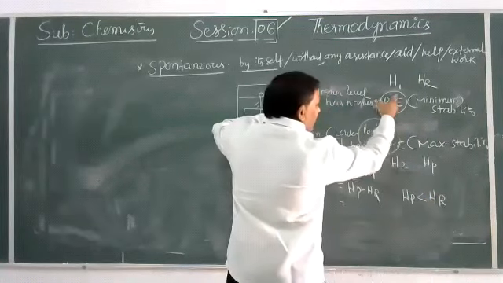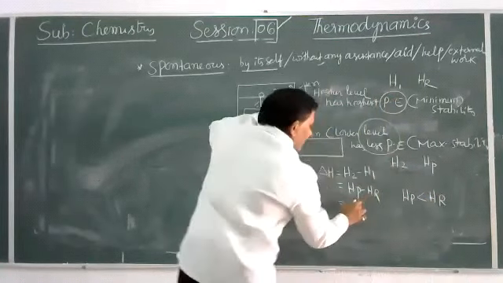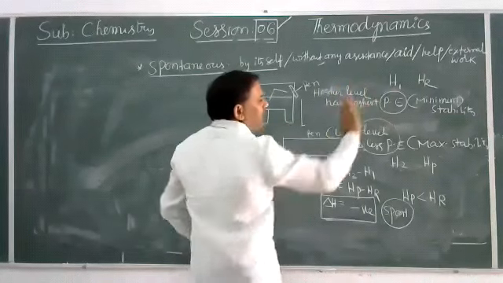The reactants' energy is more compared to the products, so delta H finally comes out negative. When delta H is negative, that is generally considered spontaneous, because a spontaneous process is a process which takes place by itself without any external assistance, aid, help or external work.